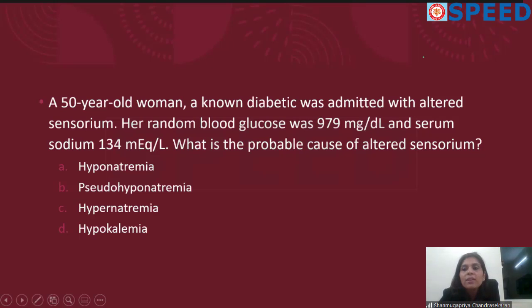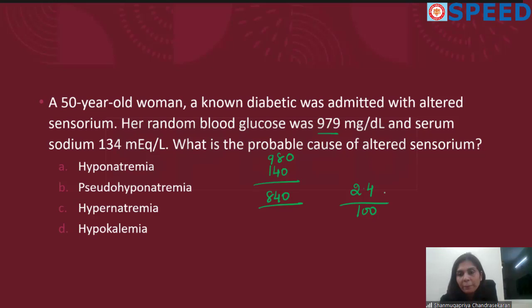So look for correction. Whenever blood glucose is more than 140, for every 100 milligram per deciliter increase, I said if it's more than 400, the factor is 2.4. For more than 140 milligram per deciliter, it is 980 in this person. So how much has it increased? It has increased by 840 milligram per deciliter. For every 100 milligram per deciliter increase, more than 400, the factor is 2.4.